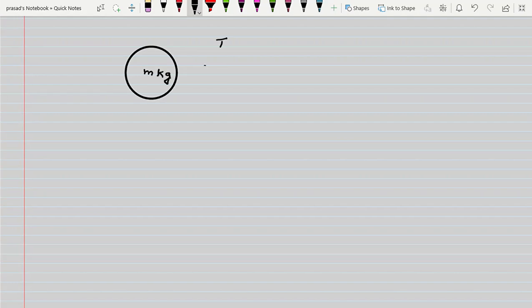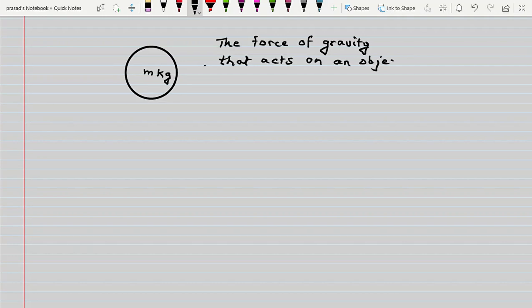So, the force of gravity that acts on an object of mass m kg, what is it called? The weight of the object.